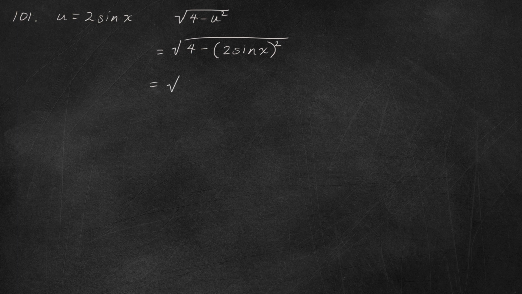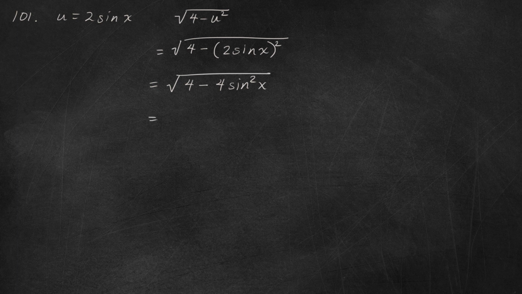101. Substitute u equals 2 sine x into the radical square root 4 minus u squared and simplify. So square root of 4 minus, I'm going to use 2 sine x in place of u, squared. And that gives me 4 minus 4 sine squared x.